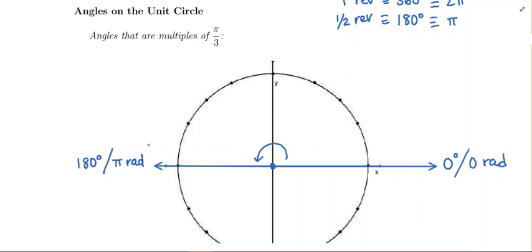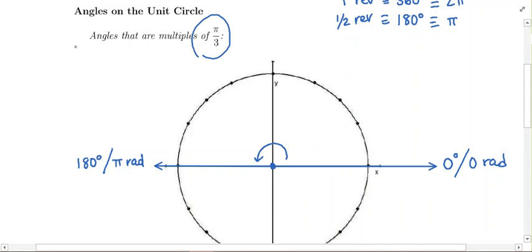Like I said, let's focus on the radian measure. Half the circle, the top part of the circle, is pi radians. If we are focusing on pi over 3, we take that top part of the circle, which has pi radians, and we divide by 3. That means we're breaking the top part of the circle into 3 equal pieces.